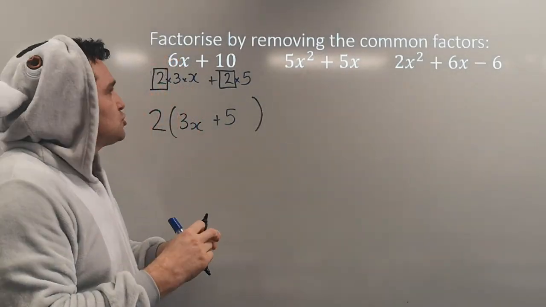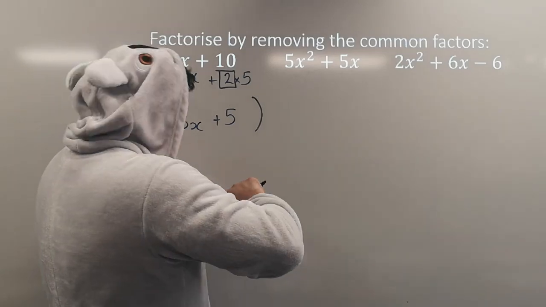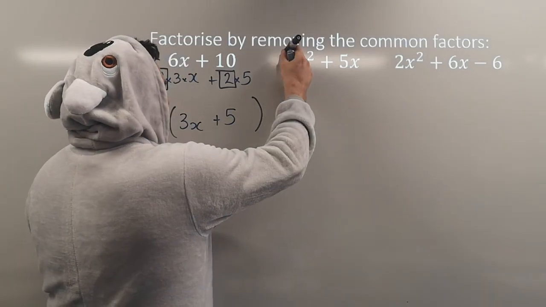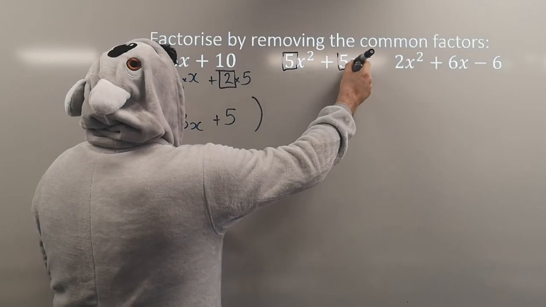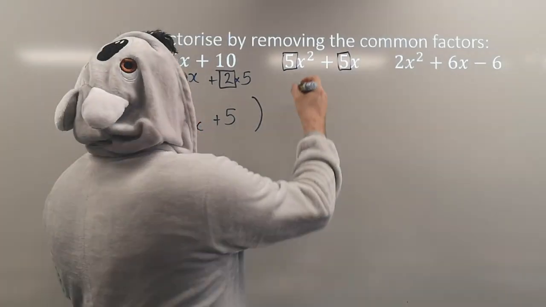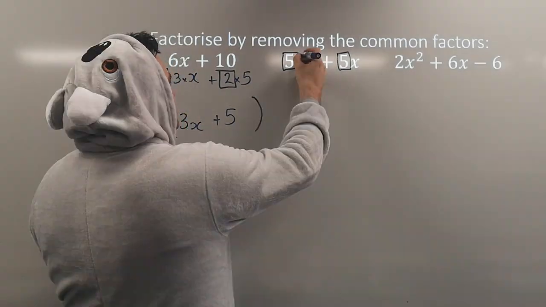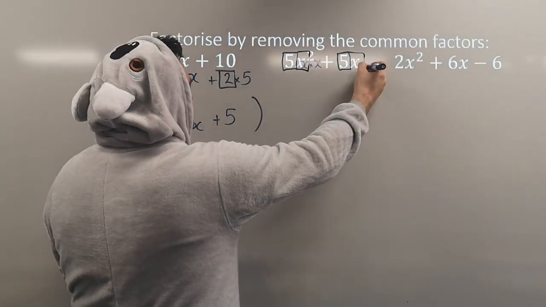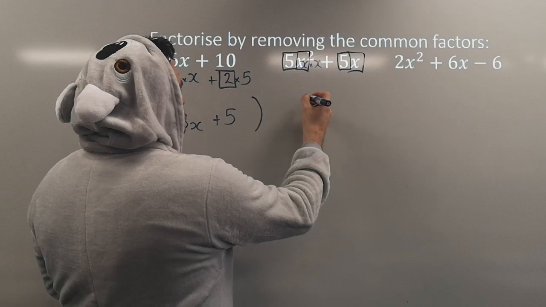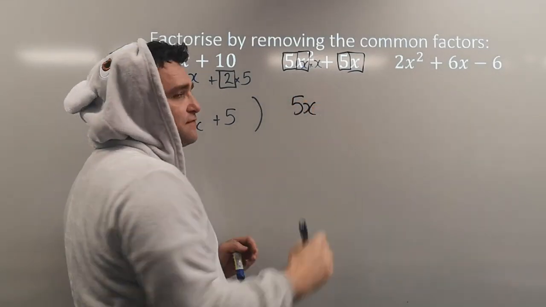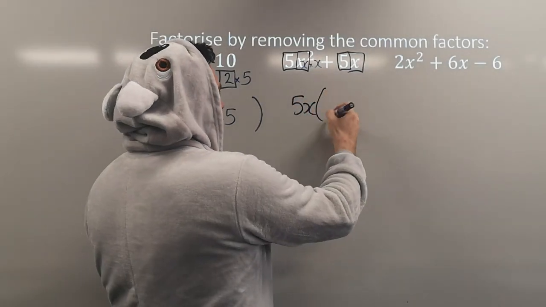With our second example here, now we've got common factors with our pronumerals as well as with our numerals. So we've got our 5, which is a common factor. x squared could be written as x times x, so now we'd actually have a common factor in our x as well. So once again, we can bring our 5x out the front.